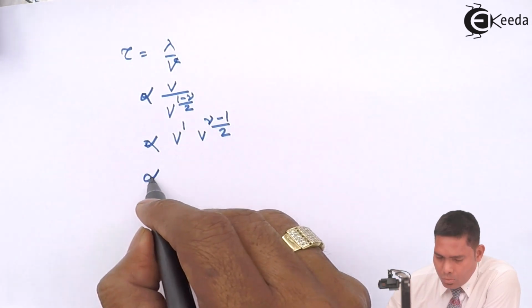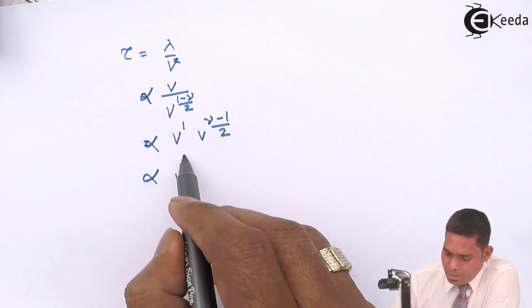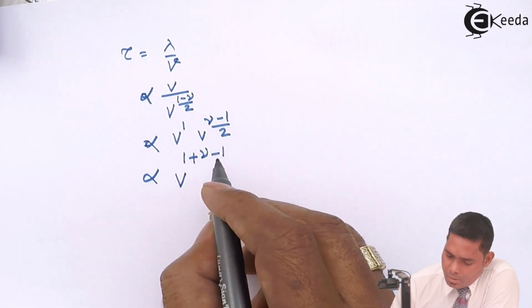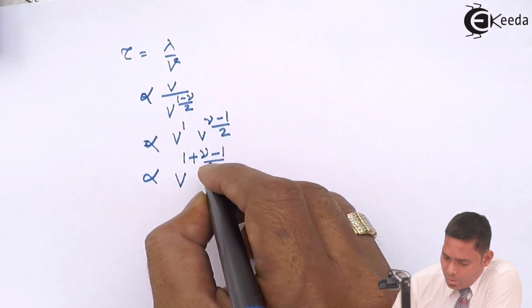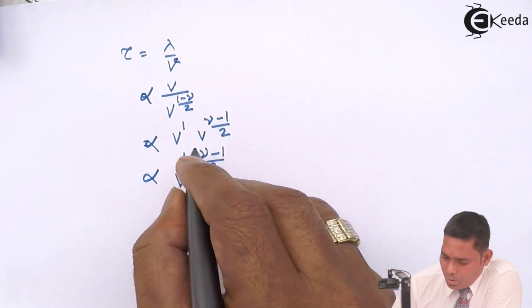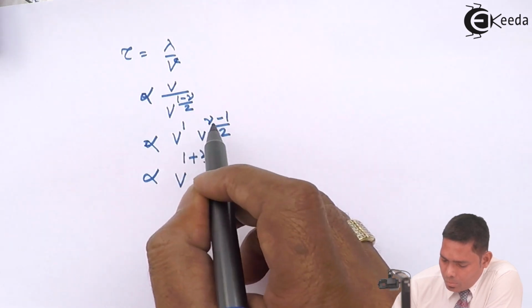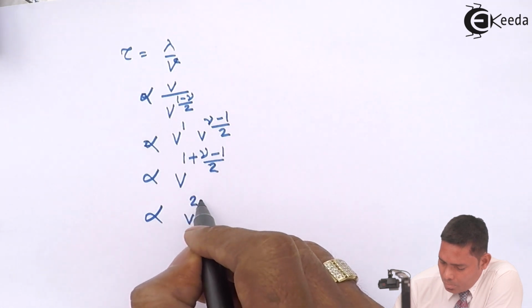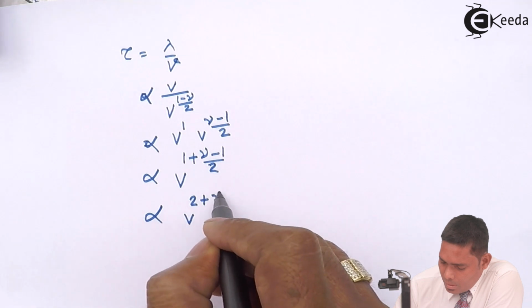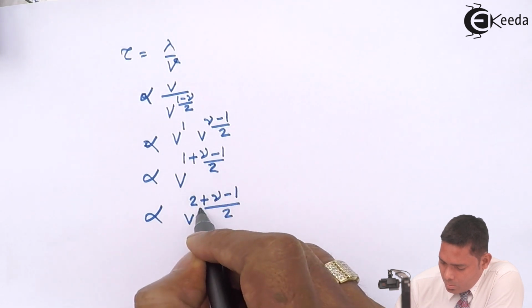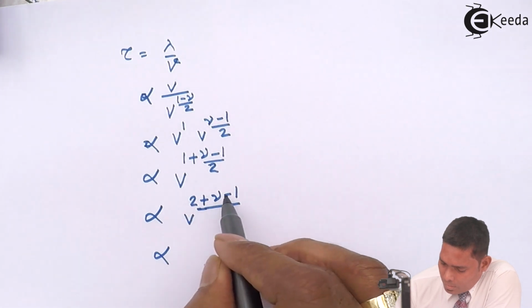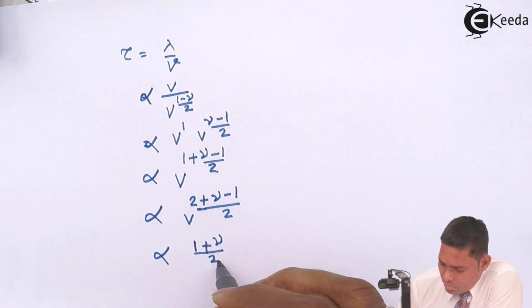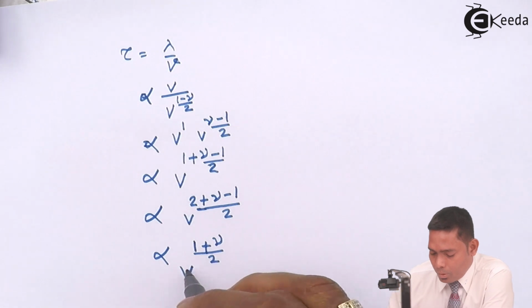Adding the powers, you get (2 plus gamma minus 1) divided by 2, which is (1 plus gamma) divided by 2, as the power of volume.